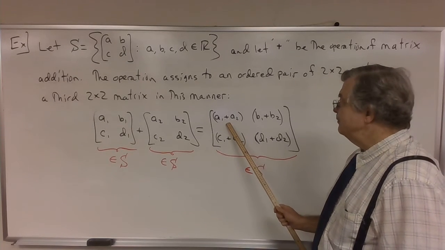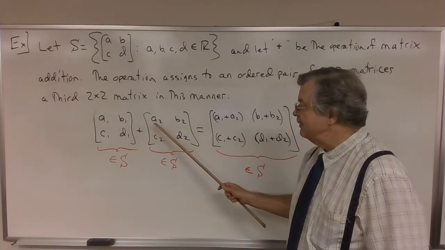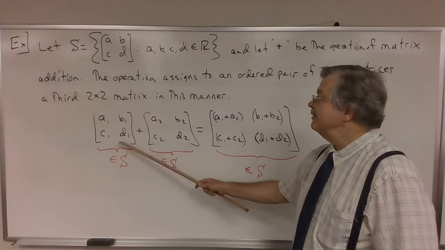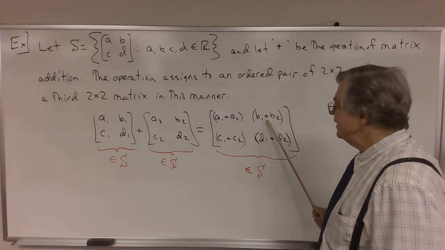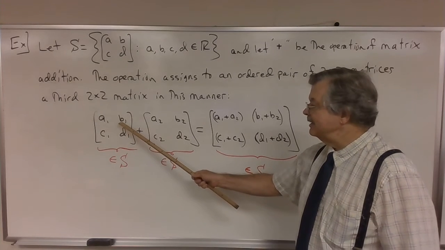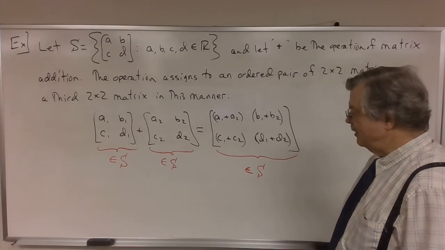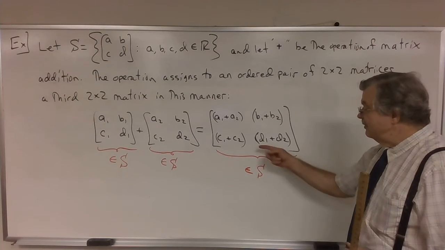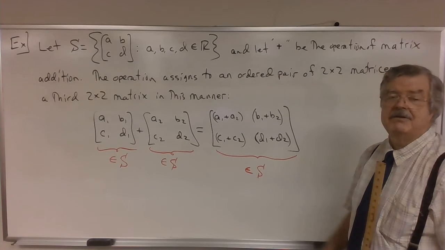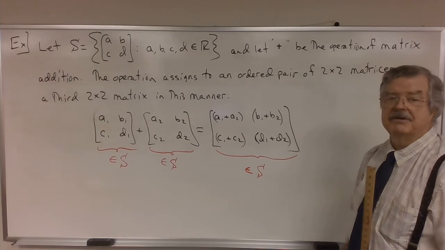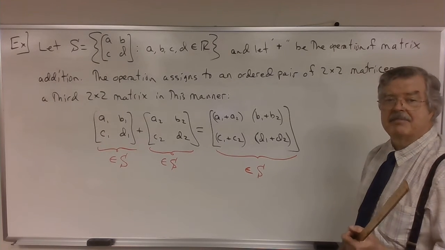So first row, first column is the sum of the elements in first row and first column in these 2 matrices. First row, second column, the sum of the elements in first row, second column of the original matrices, and so forth. And notice that the result is a 2 by 2 matrix that has real number entries. So this is a binary operation.